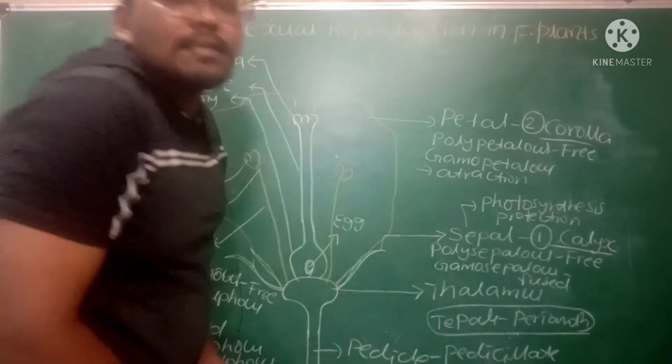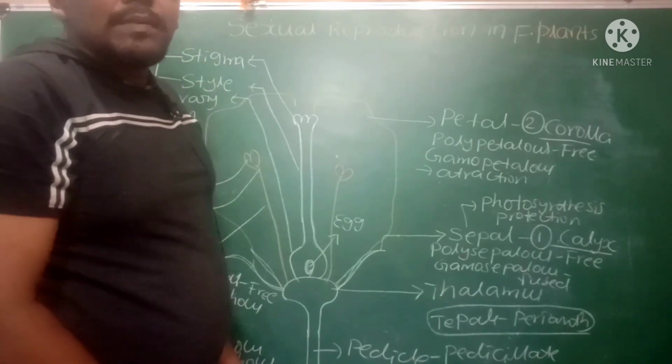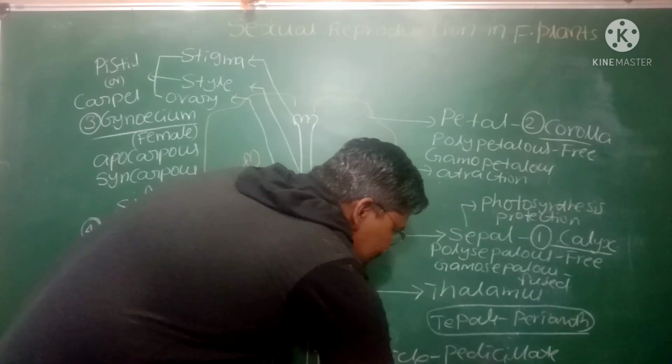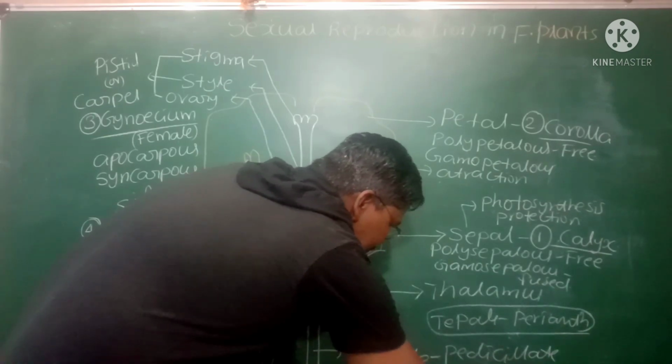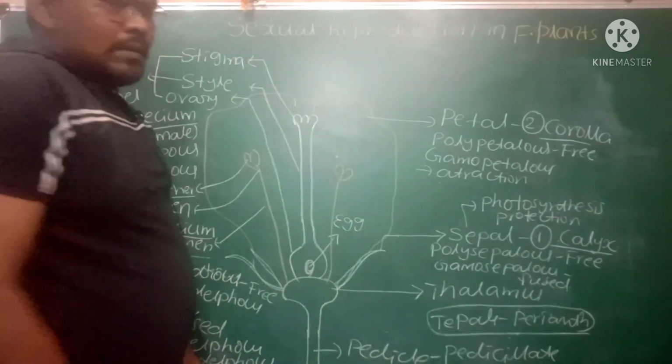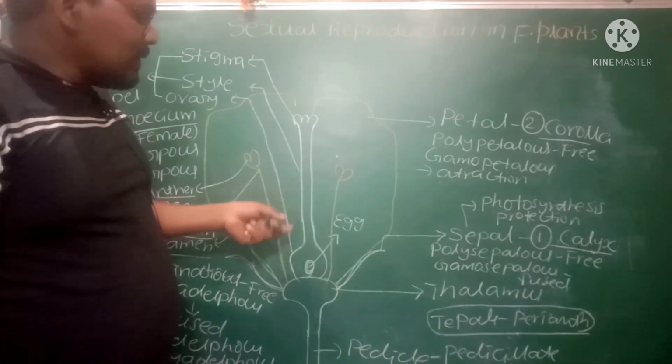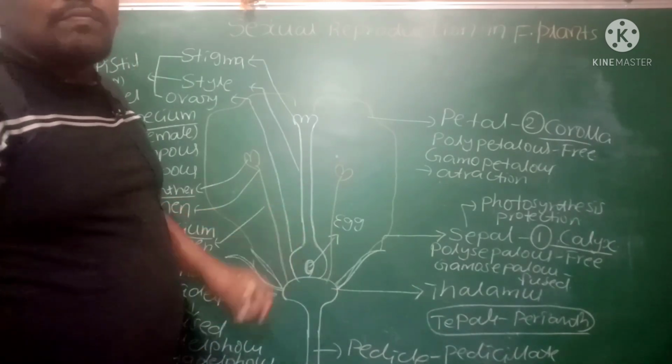In a few flowers, the pedicel is absent. When the pedicel is absent in the flower, then those are called sessile. The culturing of flowers is called floriculture.